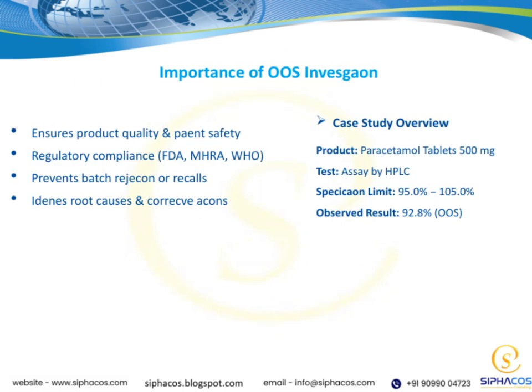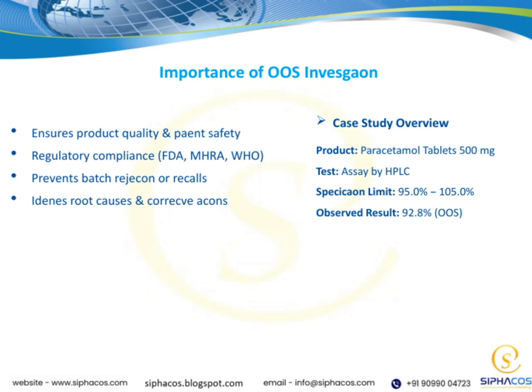Let's take a closer look at this case study overview. Here, we're focusing on a product, paracetamol tablets, 500 milligrams. The test conducted was an assay using HPLC, which is a common and reliable method for analyzing such compounds. The specification limits for this test are set between 95% and 105%, meaning the amount of active ingredient should fall within this range to meet quality standards.